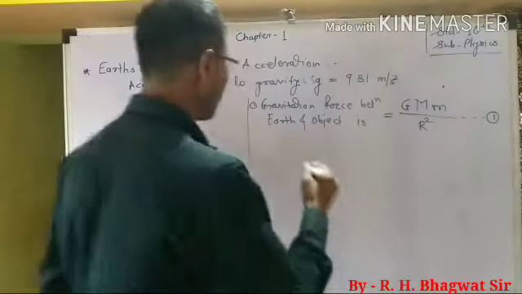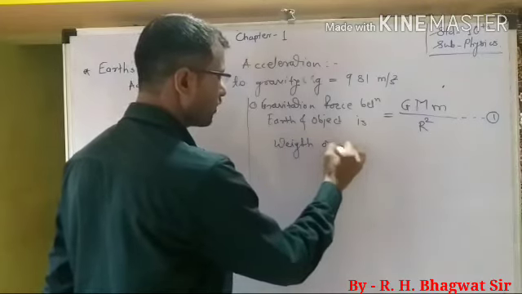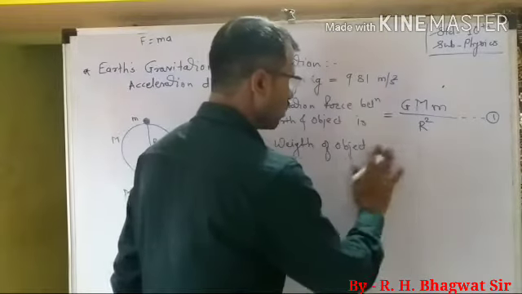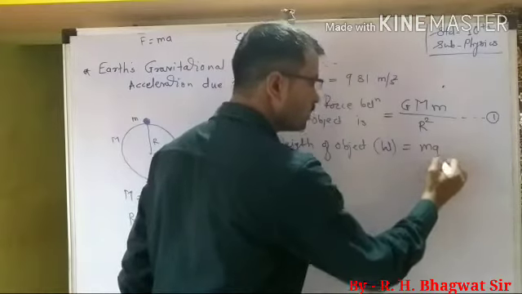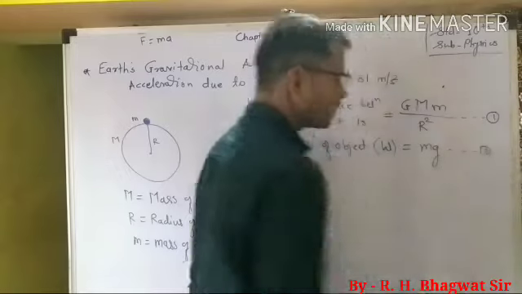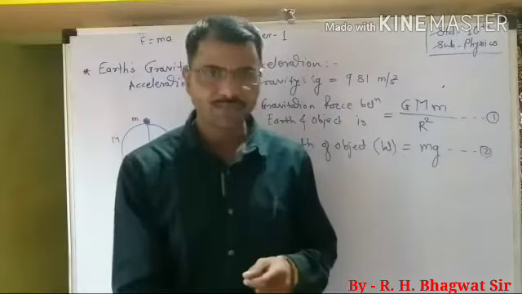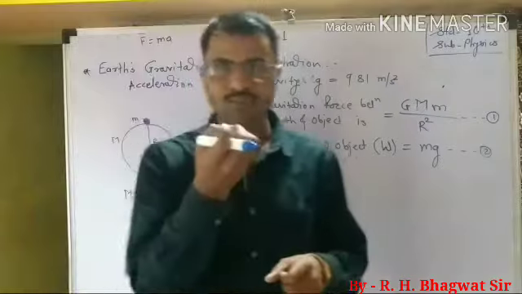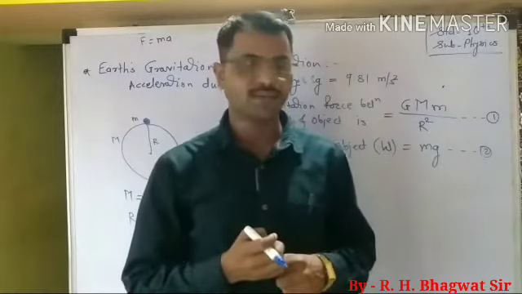Now, the weight of the object, capital W, is equal to mass into g, that is, W equals m g. Let's consider this the second equation. We know that the weight of any object on the Earth's surface is nothing but the gravitational force exerted by Earth on the object.